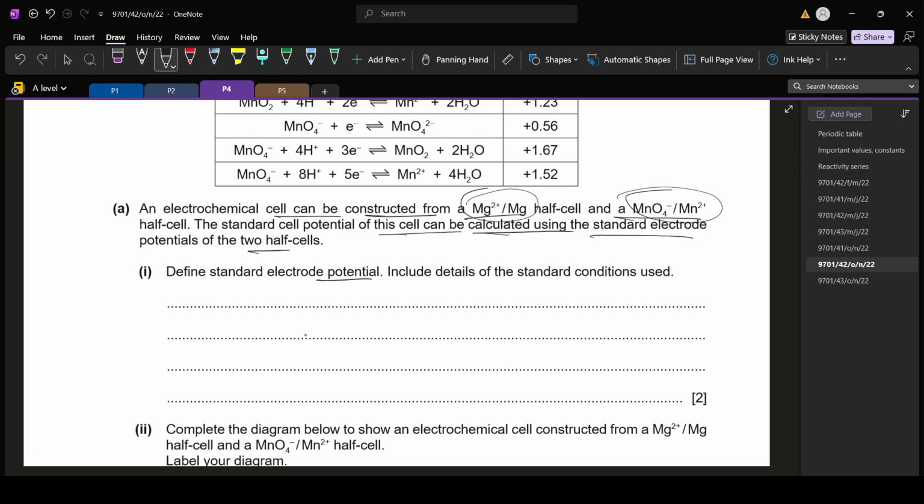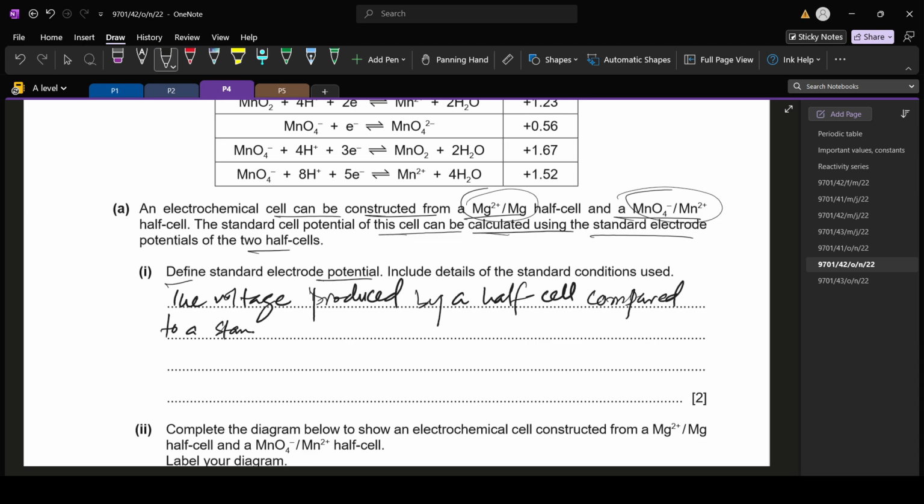So the standard electrode potential is the voltage produced by a half cell compared to a standard hydrogen electrode.